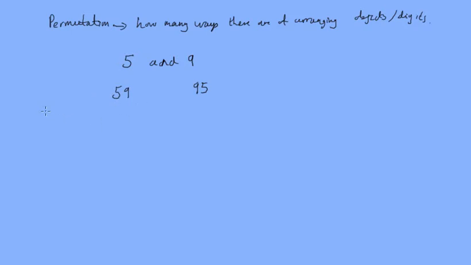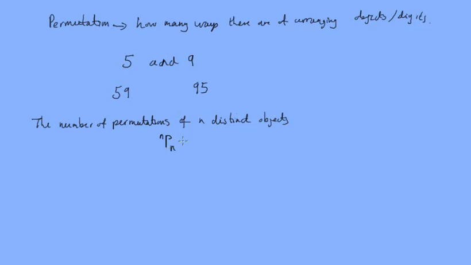So the number of permutations of n distinct objects is denoted by this notation, nPn, P for permutation.